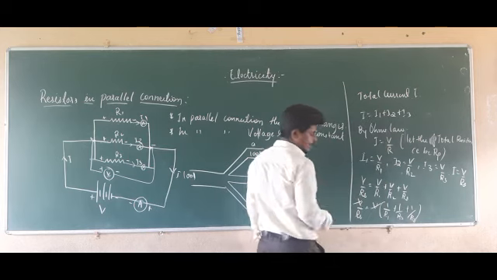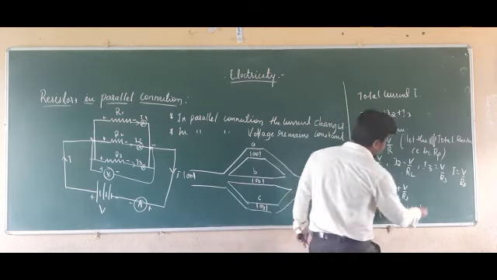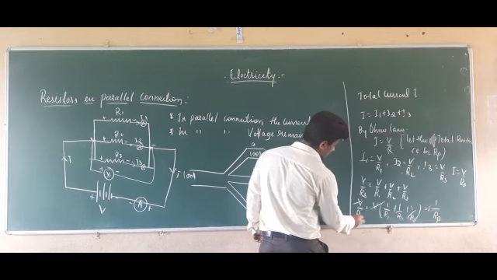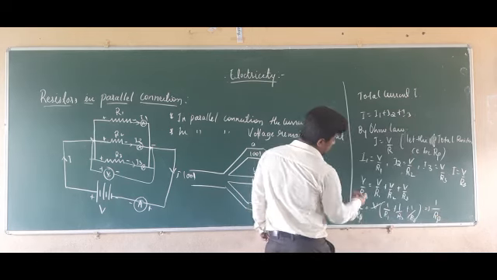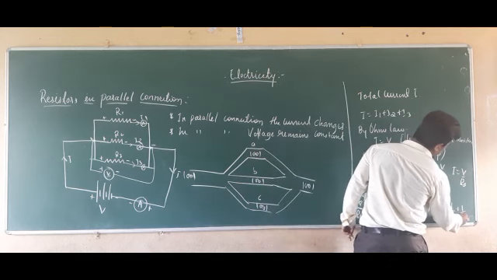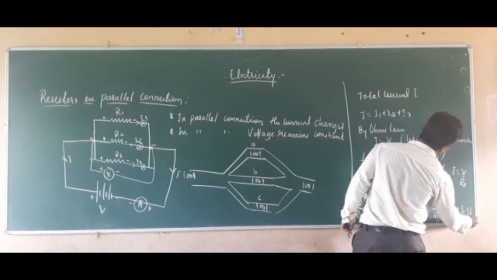We can cancel V, therefore what remains is 1 by RP equals 1 by R1 plus 1 by R2 plus 1 by R3.